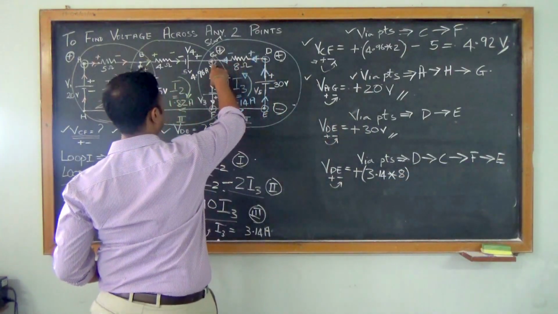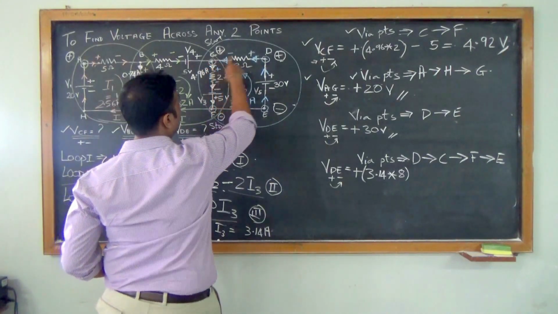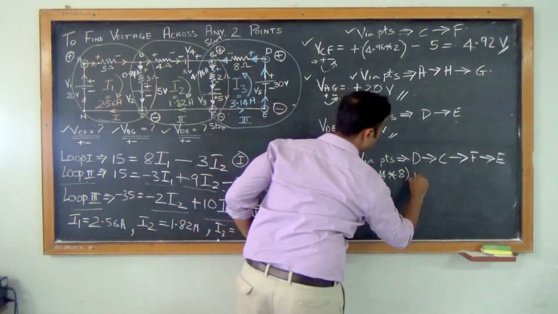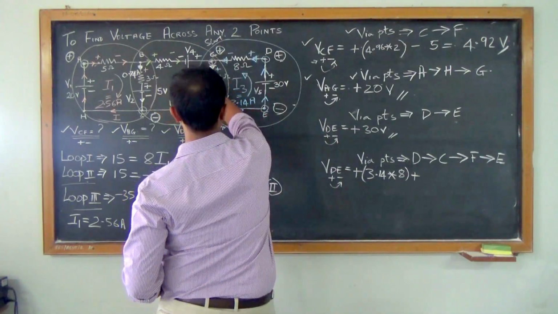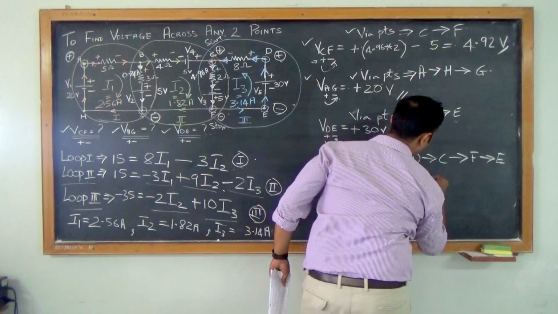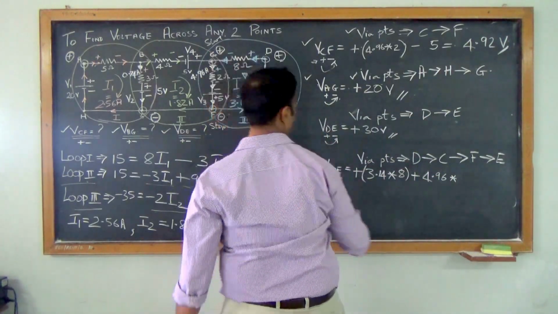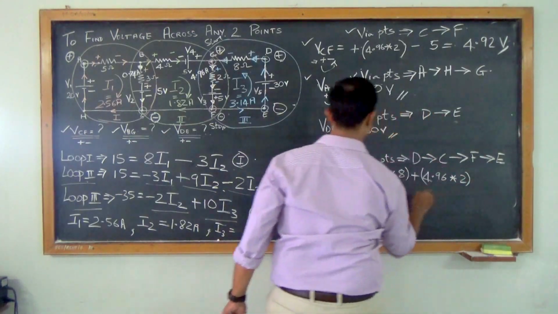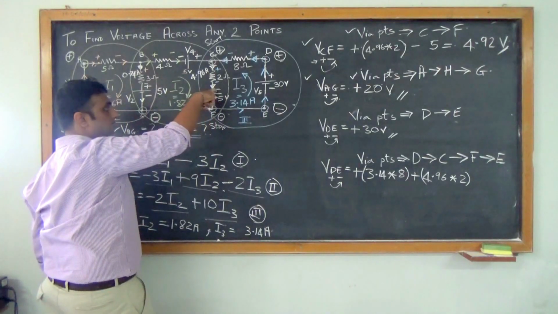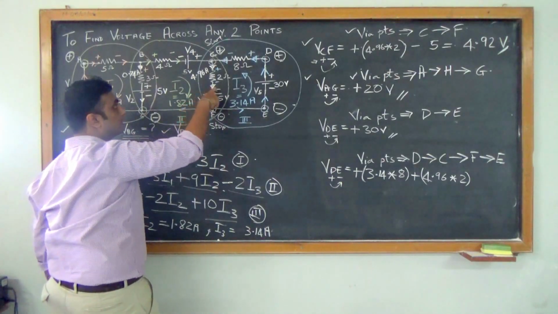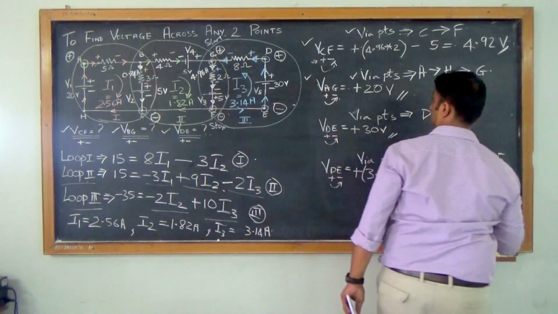Then again, the first terminal of this resistor is what? Positive. Positive into positive, positive. What is the current flowing in this resistor? 4.96, so 4.96 into 2. Then, what is the first terminal of this voltage source? Negative. Again, negative into positive, negative.